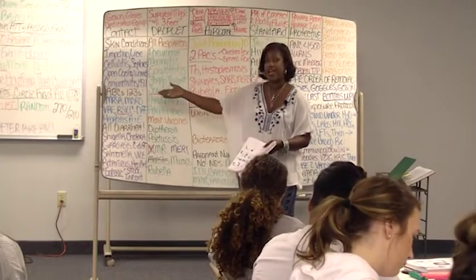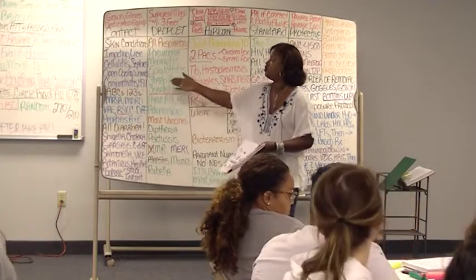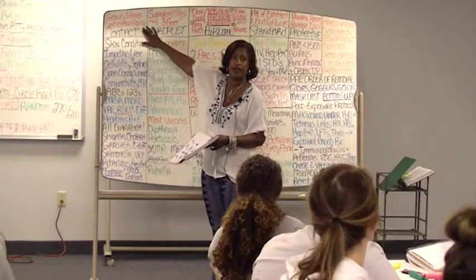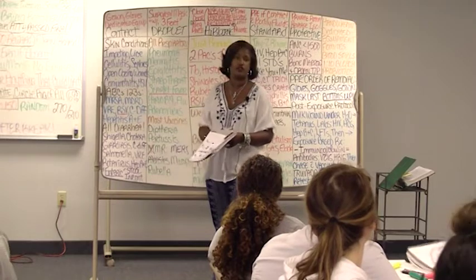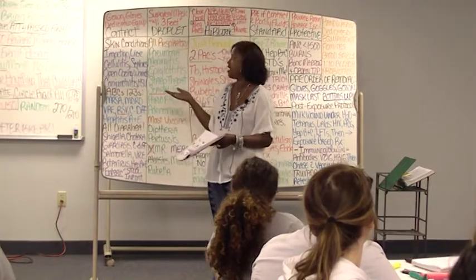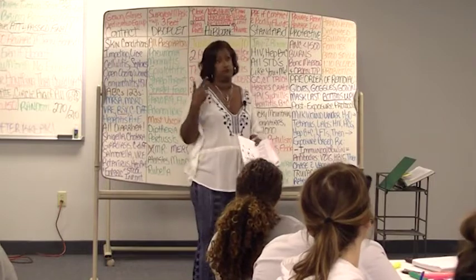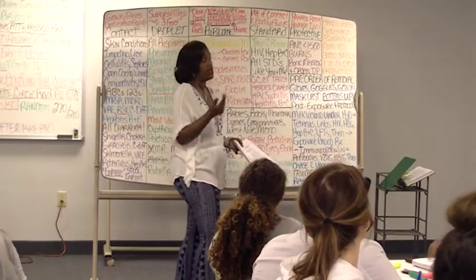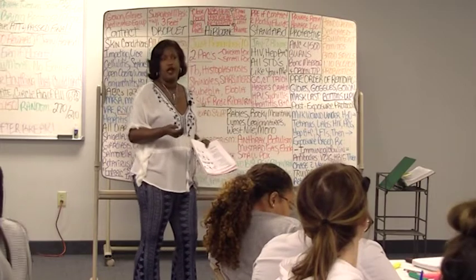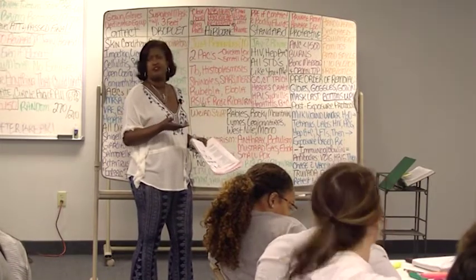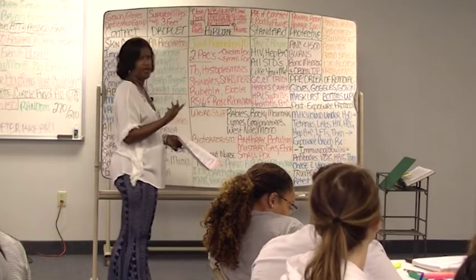Now, under contact precautions, you will have those key bold words up at the top in red, and everything that goes under it will be underneath the column. So that's how it's organized. I have no idea where this came from. It's just that as I have taught this for years, I said maybe 10, maybe 15 years ago, it would be better if I just put this in columns that make sense.